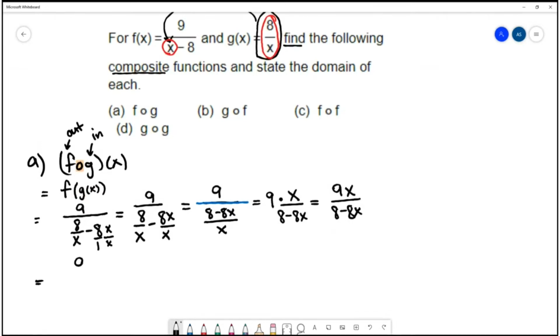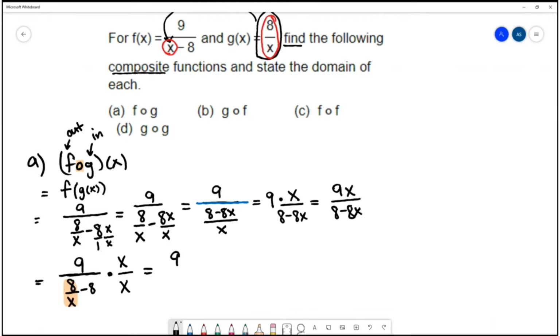Now, I just want to show you one other approach that we could take. We have 9 over 8 over x minus 8. Another technique for simplifying this would be to clear fractions. When you clear fractions, that means you want to get rid of these smaller denominators. And to do that, we're going to multiply by x over x.